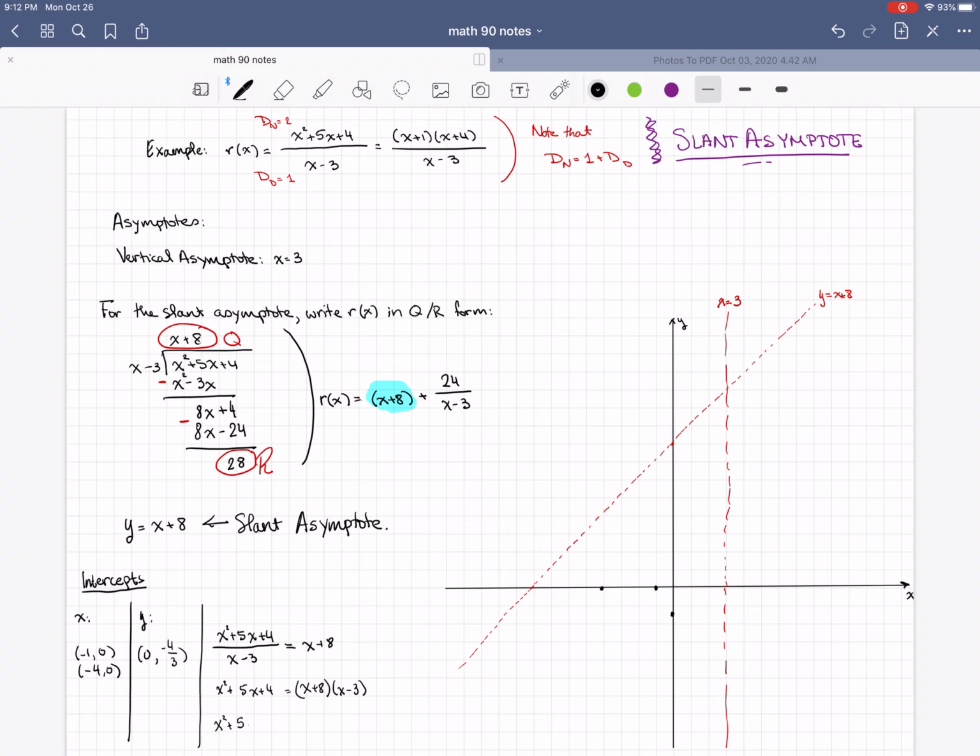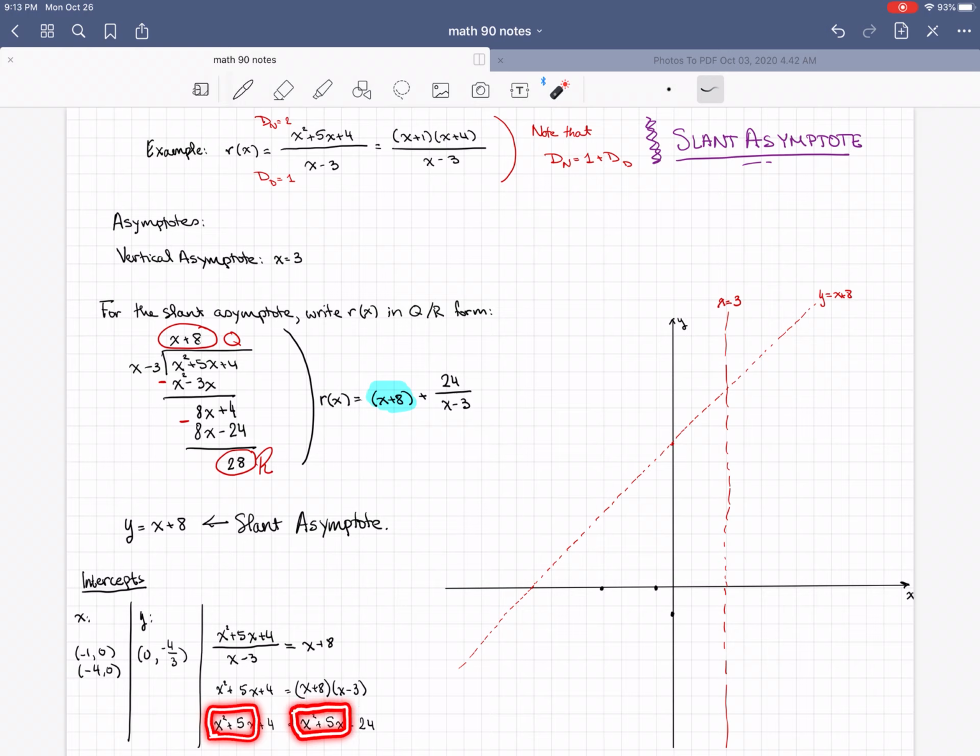But when you are done, you will have x squared plus 5x minus 24. So look, on the left, I have x squared plus 5x plus 4. On the right, I have x squared plus 5x minus 24.